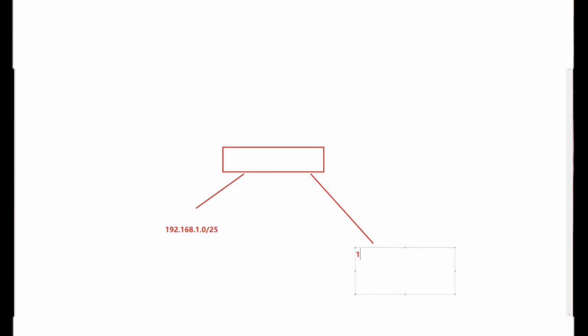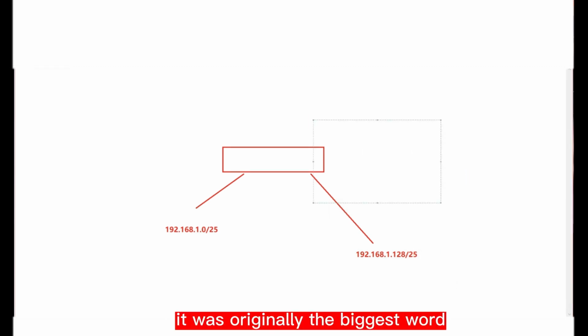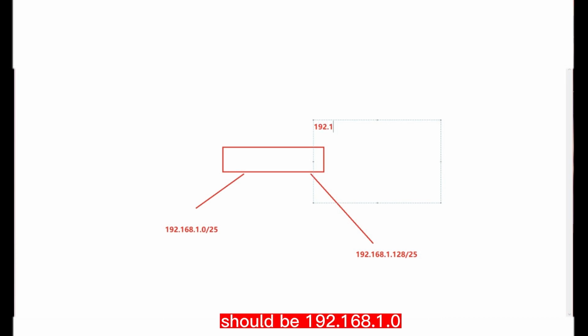Right is 192.168.1.128 with a 25-bit mask. Originally, the biggest network should be 192.168.1.0 with a 24-bit mask. I have now subnetted.